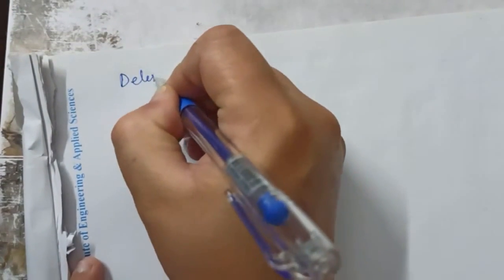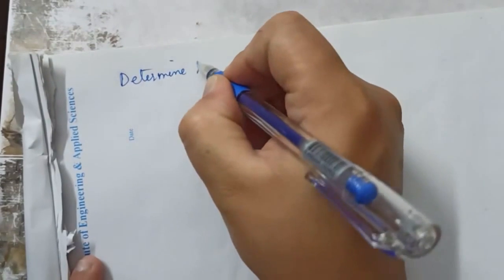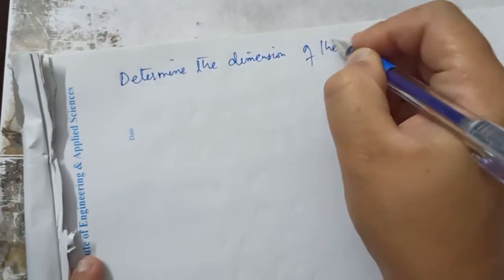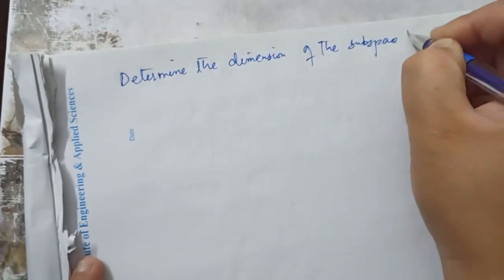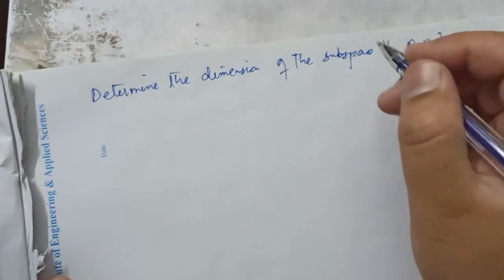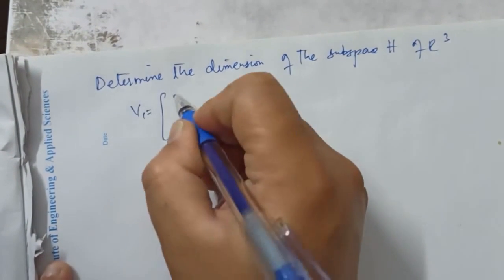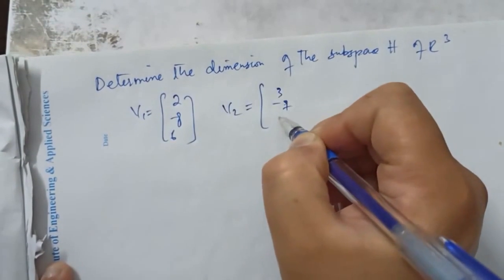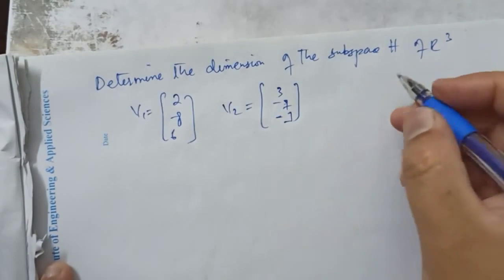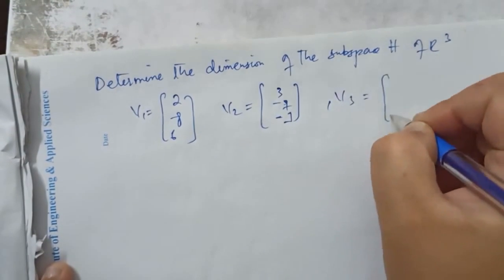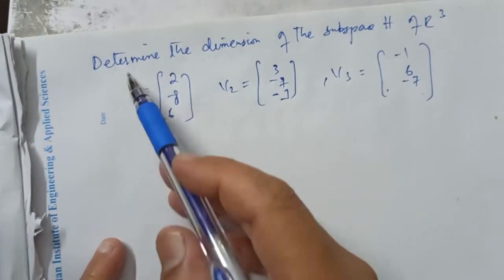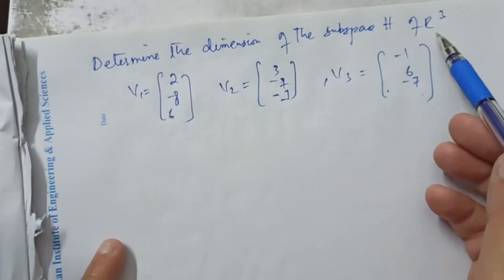Let's say we've been asked to determine the dimension of the subspace H of R^3 spanned by the vectors v1 = (2, -8, 6), v2 = (3, -7, -1), and v3 = (-1, 6, -7).